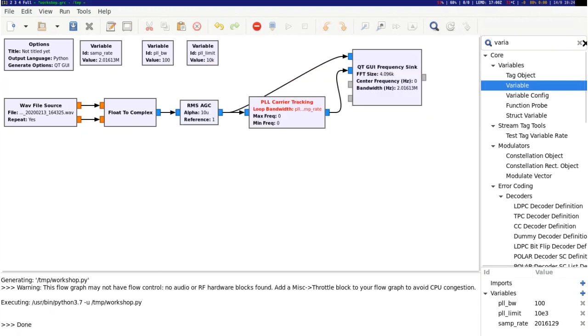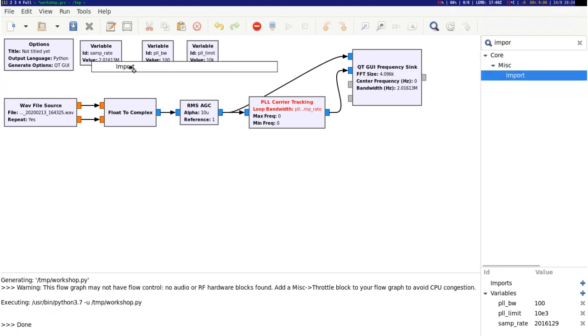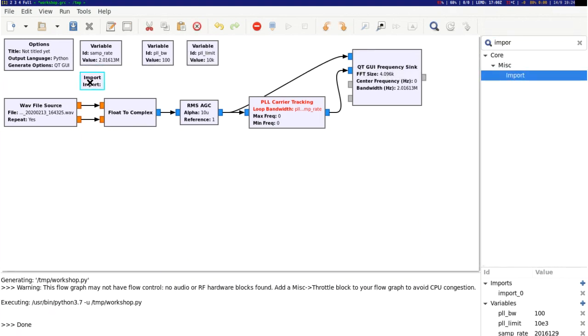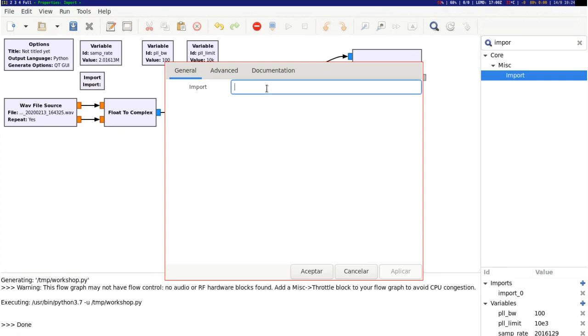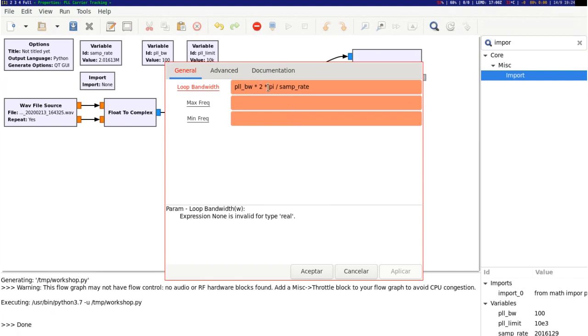Where can I get pi from? There is something very useful in GNU Radio Companion, which is the import block. Here you can import anything you want from Python. So from math, I can import pi, and this will bring me the value of pi.